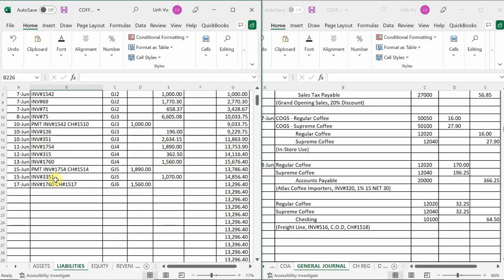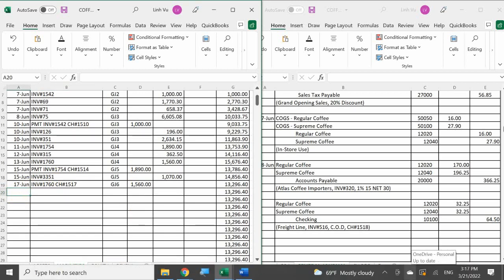Accounts payable, right? I received a bill. What was it?